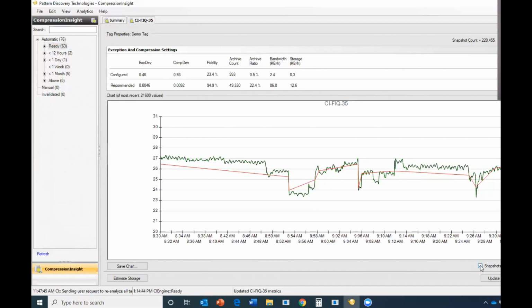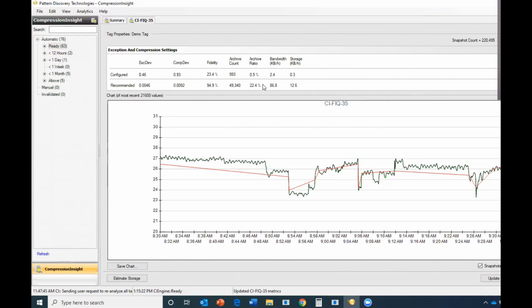And as I toggle between the snapshot values and the recommendations, you can see that the recommendations are very closely mirroring the actual characteristics of the original signal, the snapshot values. And by comparison, you can certainly see the difference between the archive values, what they would have been, and what our recommendations are.